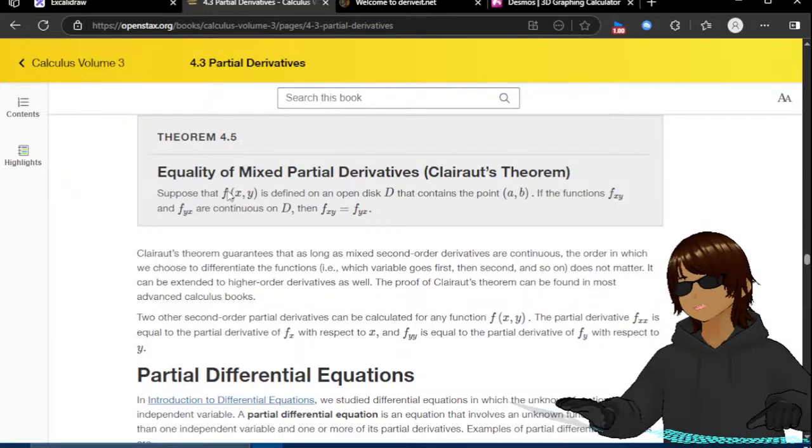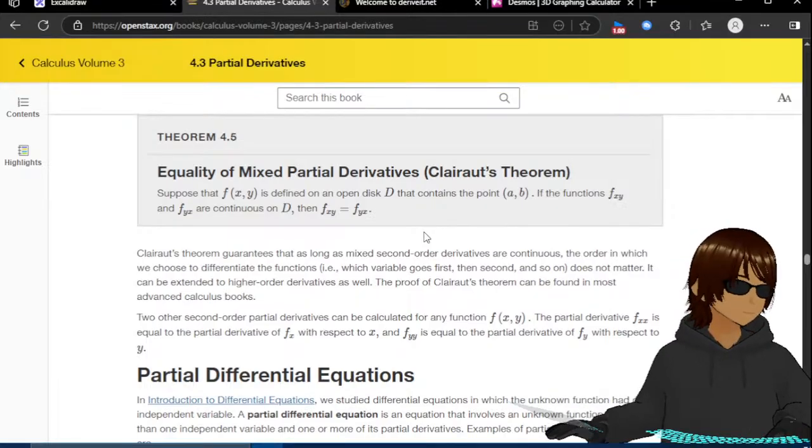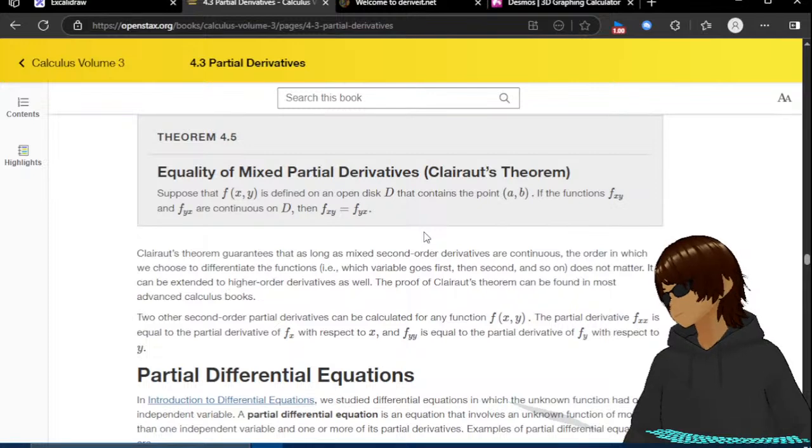Suppose that f of x, y is defined on an open disk D that contains the point (a, b). If the functions fxy and fyx are continuous on D, then the two are equal.